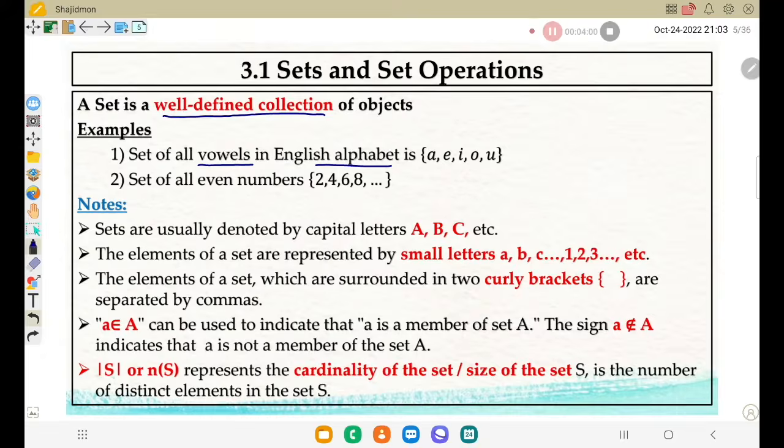And the elements of the set are represented by small letters a, b, c, or numbers, etc. Now, the elements of a set are surrounded by two curly brackets and separated by commas. You can see that.